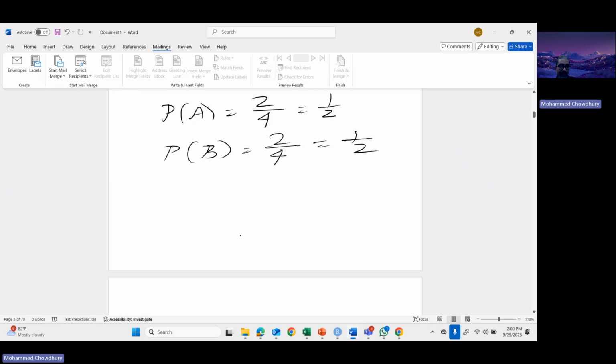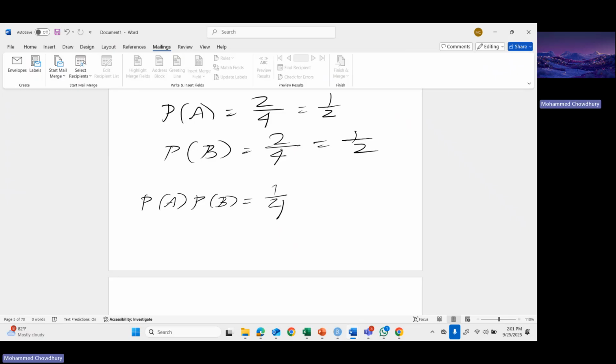Now, the probability of A times B equals 1/4. Are they independent?